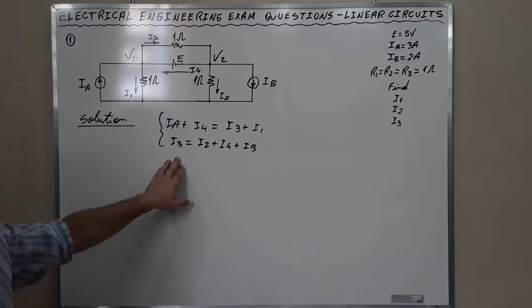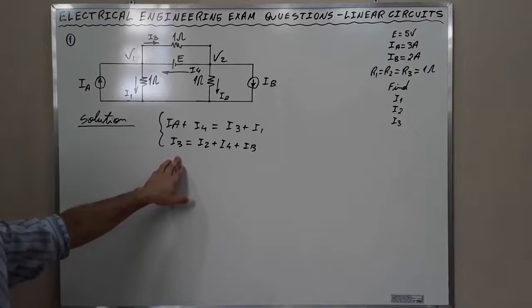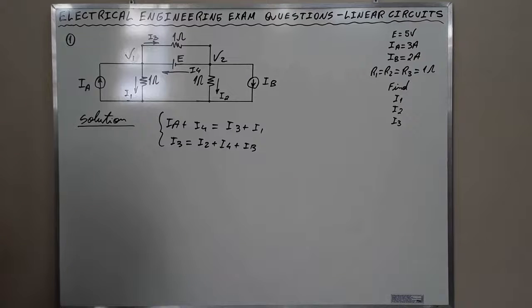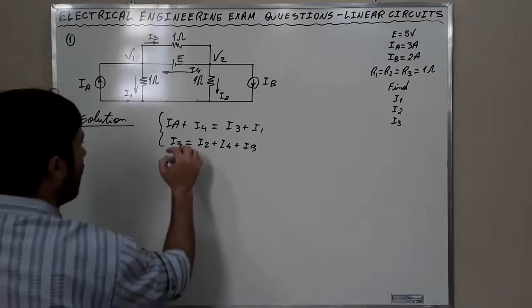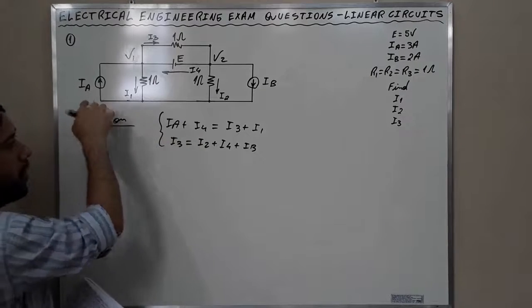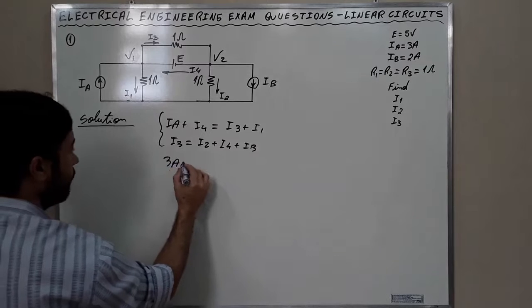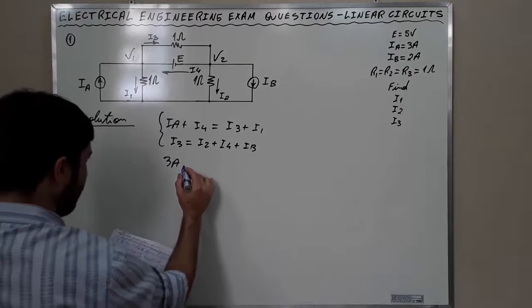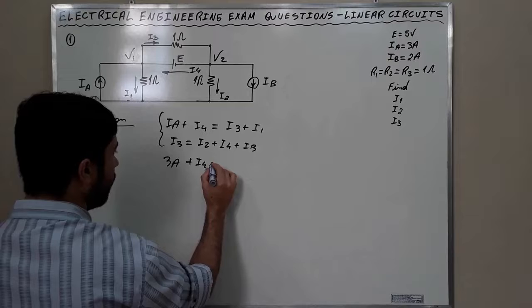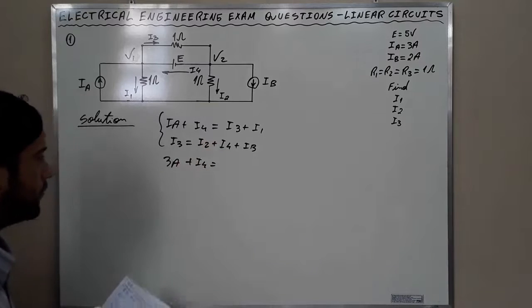Now we are going to try to write this in terms of voltage drops and resistances as the following. IA is 3 amps, 3 amps plus I4. I4, we are going to leave it the way it is.